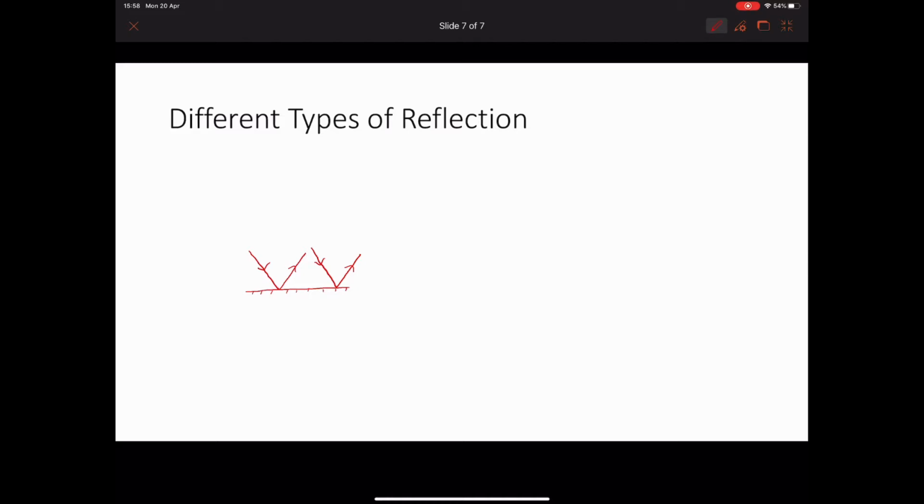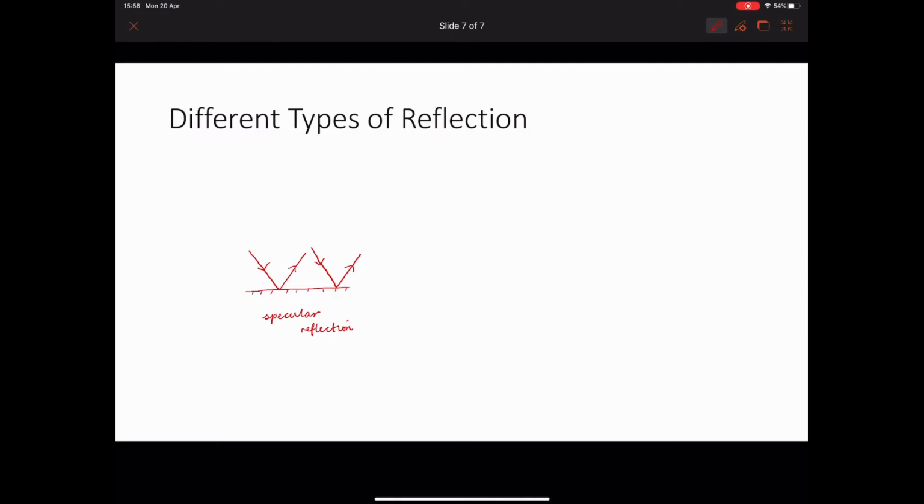Any reflection that happens on a nice smooth surface like so is what is called specular reflection. That's because the light rays are always reflected in a single direction. They're parallel light rays that get reflected from that smooth boundary in a single direction.